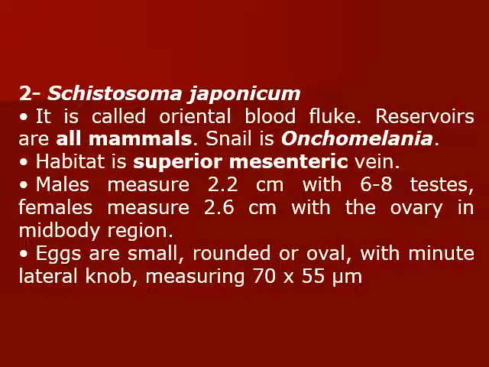Eggs are small, rounded or oval, with a minute lateral knob, measuring about 70 by 55 micrometers, which means that they are half the size of Schistosoma mansoni eggs. These are the eggs of Schistosoma japonicum with the small little knob at one side.